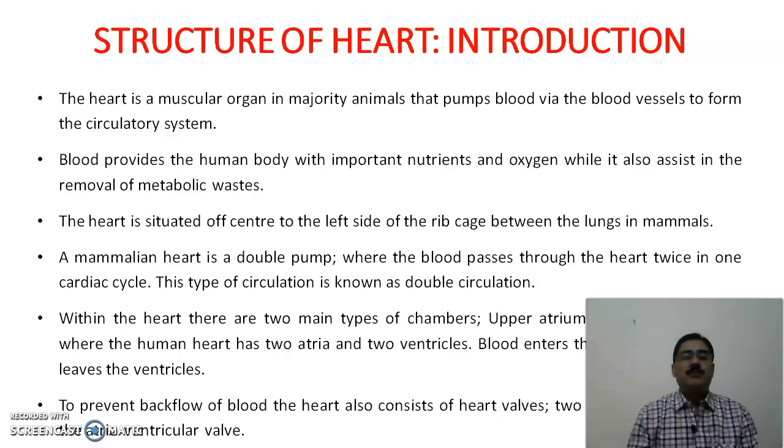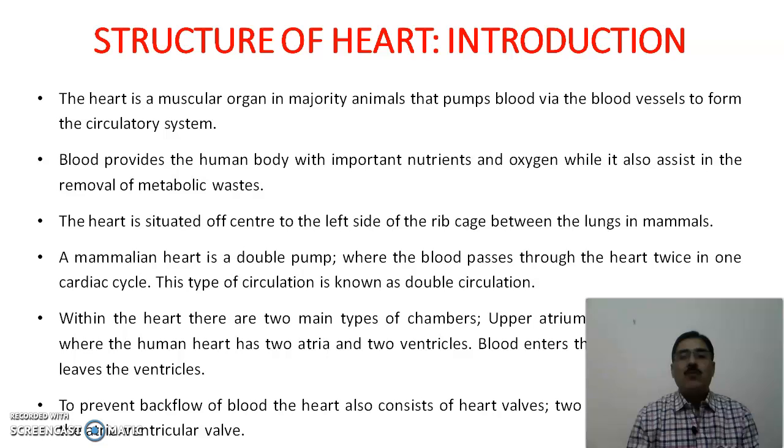As you know, in the case of human being, one auricle and one ventricle are on the left side, and the other auricle and the other ventricle are present on the right side. So the left ventricle is connected with the left auricle, and likewise the right ventricle is connected with the right auricle.